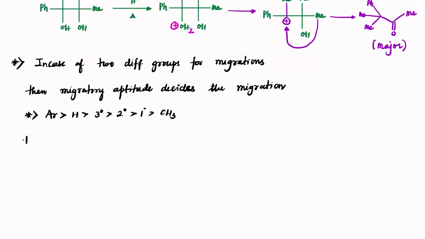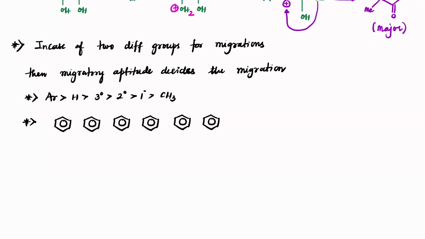Second, within the aryl groups, if you have to check the migrating aptitude, you just need to check whether they are donating or withdrawing. Suppose we have OCH3, CH3, then chlorine, then cyanide, and then NO2. Out of this, NO2 is most withdrawing, so it will have the least migratory aptitude.